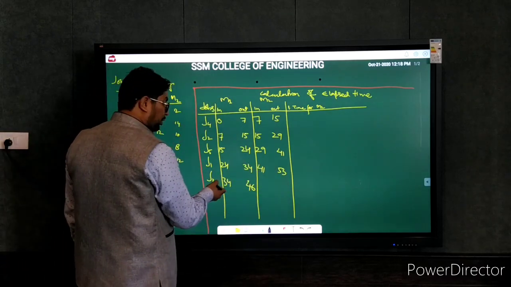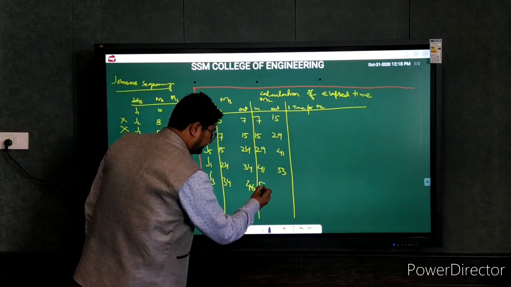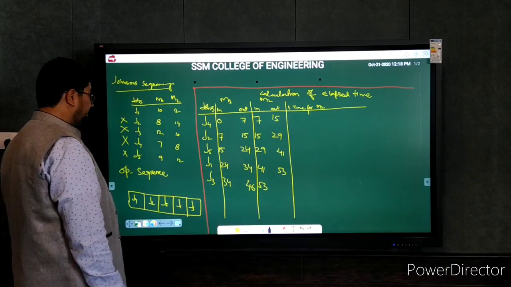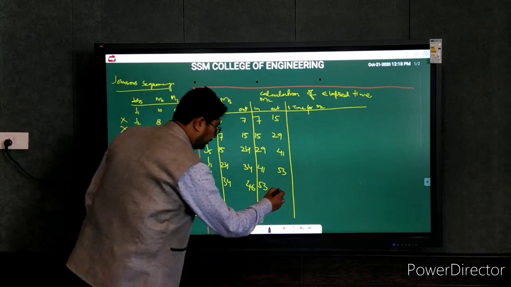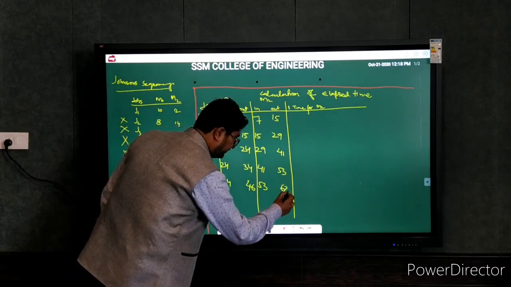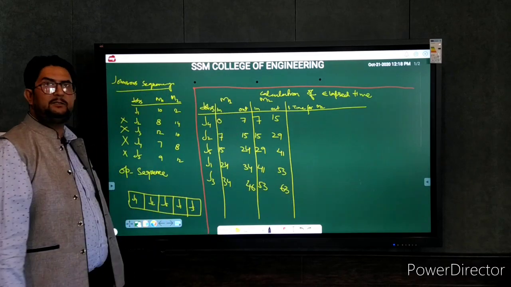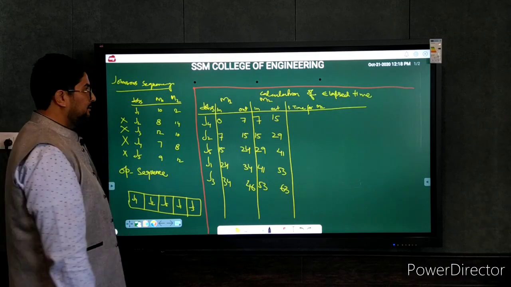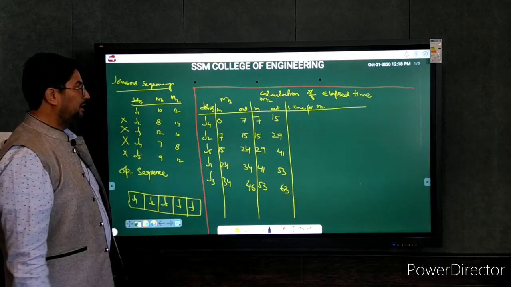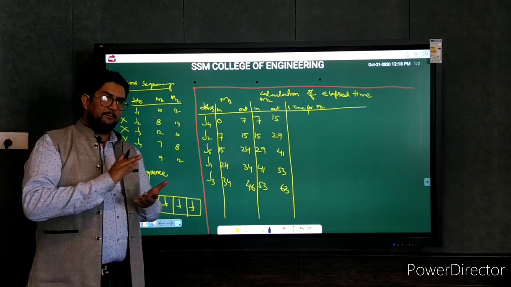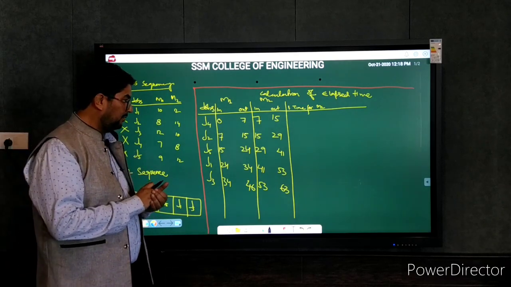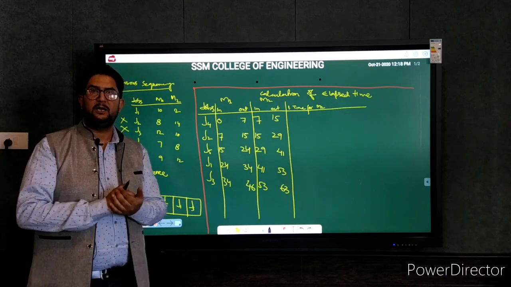At 53, job 3 is already available. So we'll take job 3 and job 3 takes 10 hours on machine 2. So all jobs will be completed at 63. This completes our total elapsed time. It means all these jobs will be completed in 63 hours.